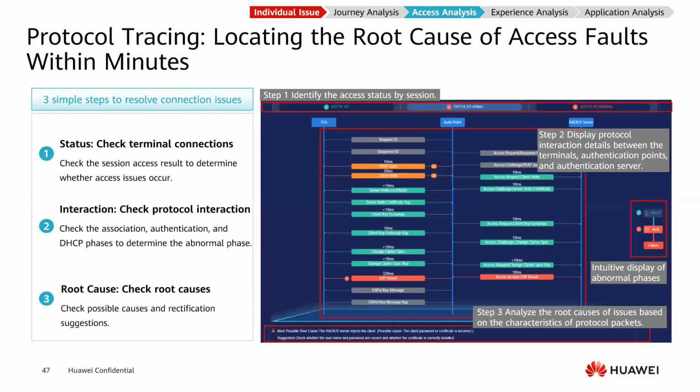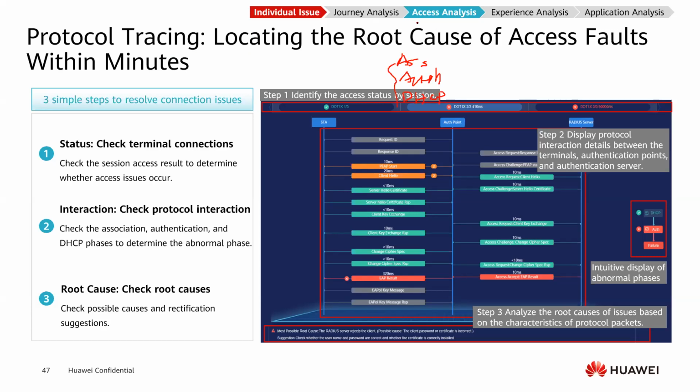And the second for the individual issue is the access analysis. For one user's access to the network, it needs to go through the 3 steps we just mentioned: the association, the authentication, and the DHCP to get the IP address.